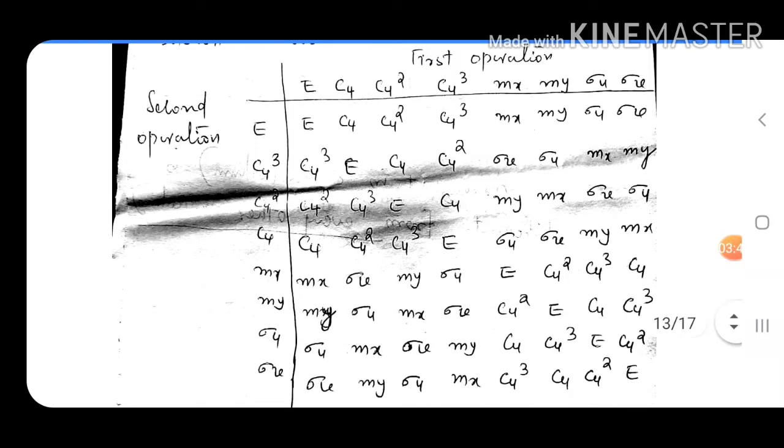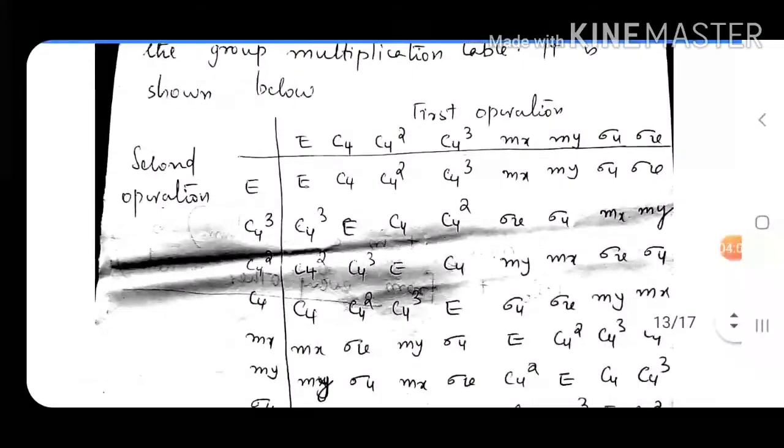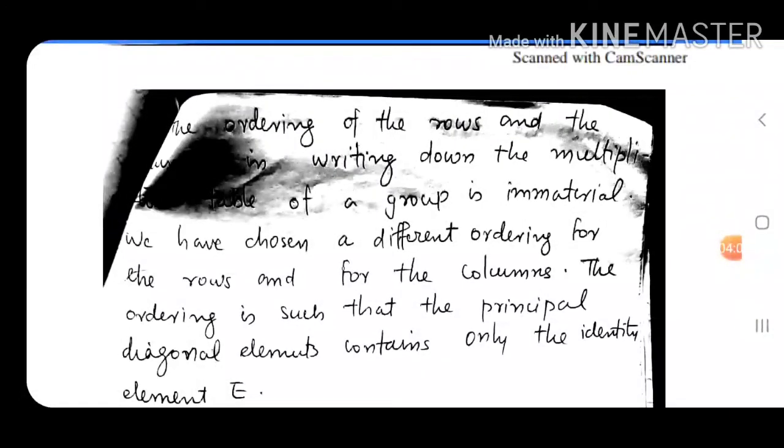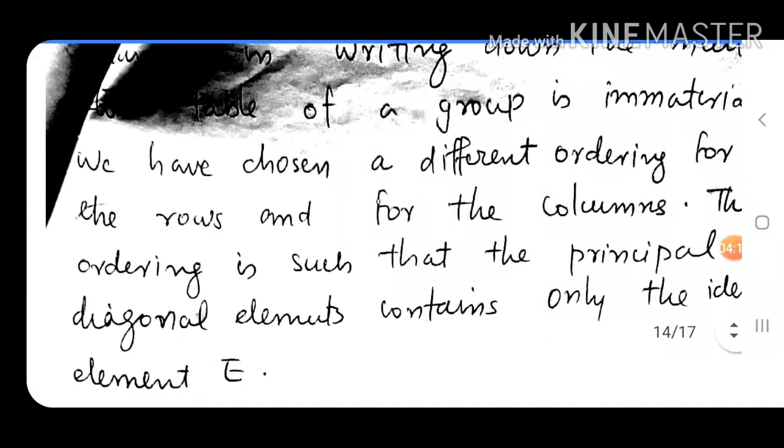But when it comes to the second operation, which is written in the column, here we see first we have written E, the identity element, then C4 cube, then C4 square, then C4, and then mx, my. So the order is different. The ordering is immaterial. We have chosen a different ordering for the rows and the columns.